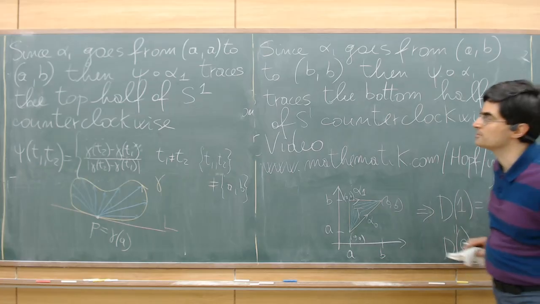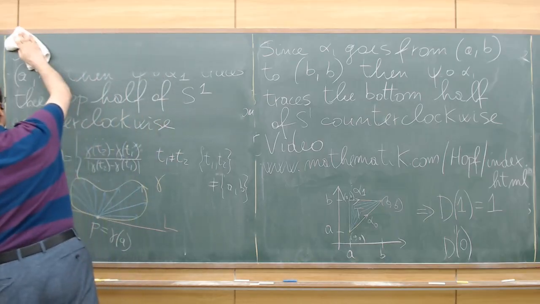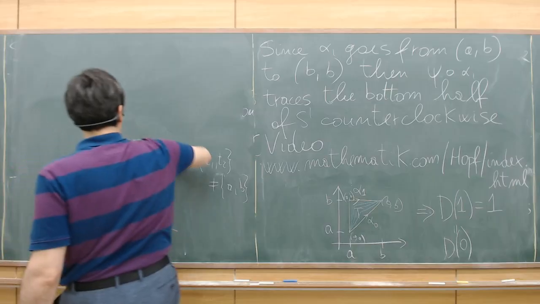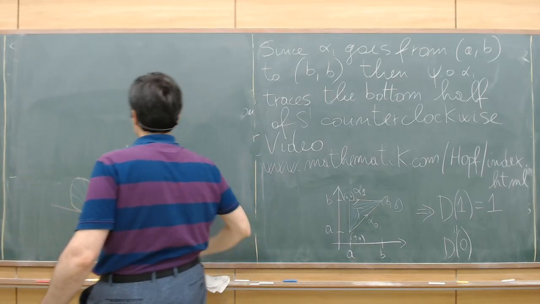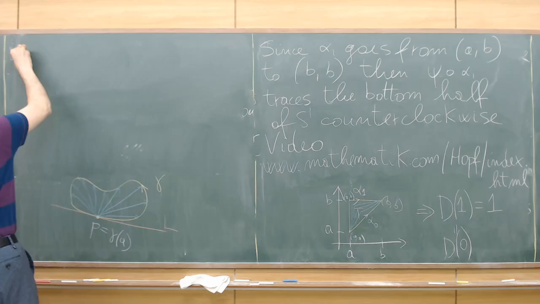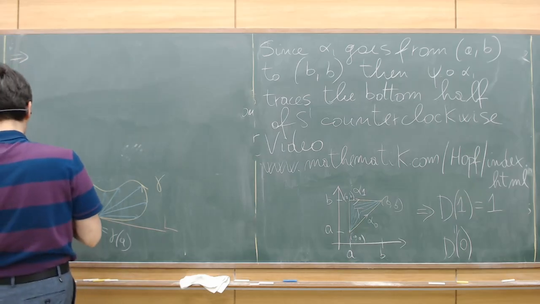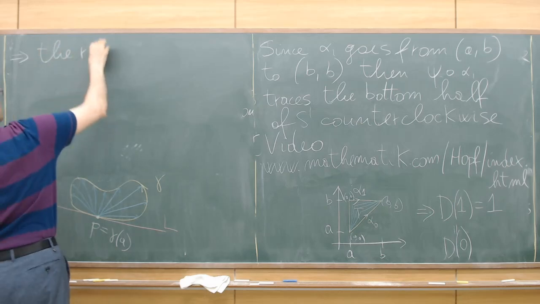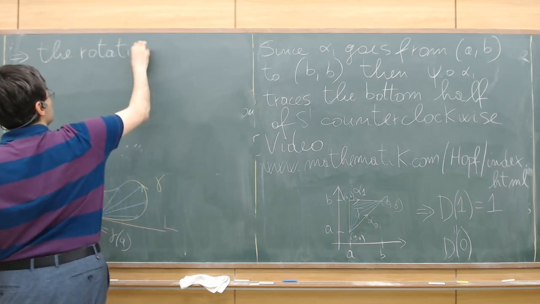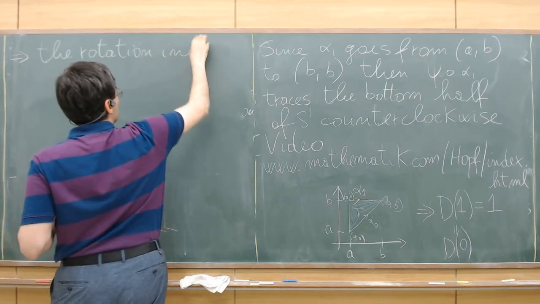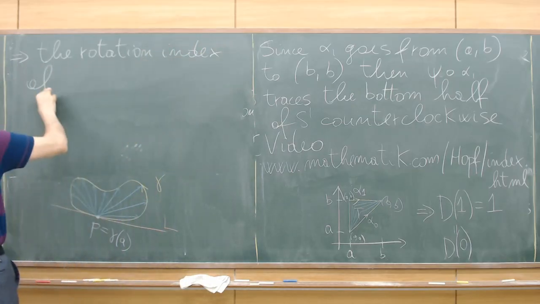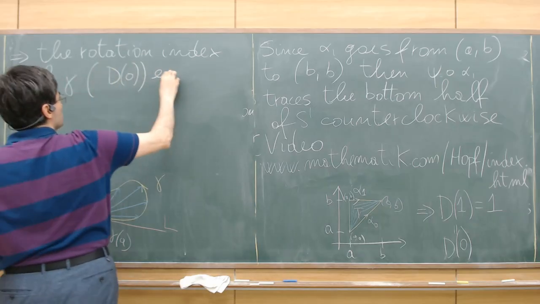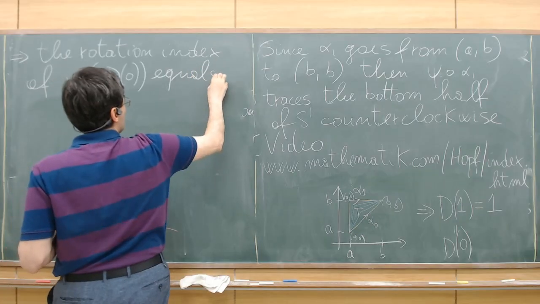So I prove that the rotation index of gamma, that is d0, equals 1.